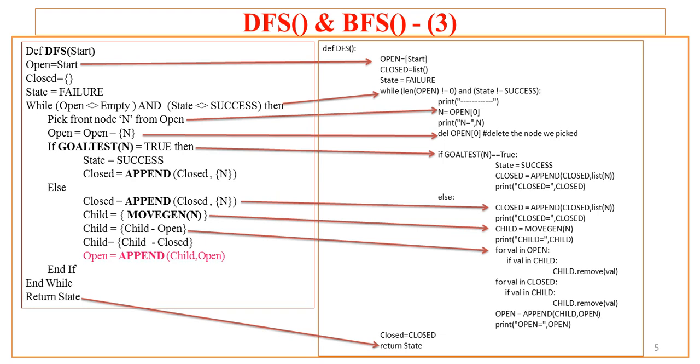DFS and BFS follow the same steps except one, that is, how you maintain the open list. If the nodes stored in child are appended at the beginning of the open list, then open behaves like a stack, and the algorithm will work like a depth first search algorithm.